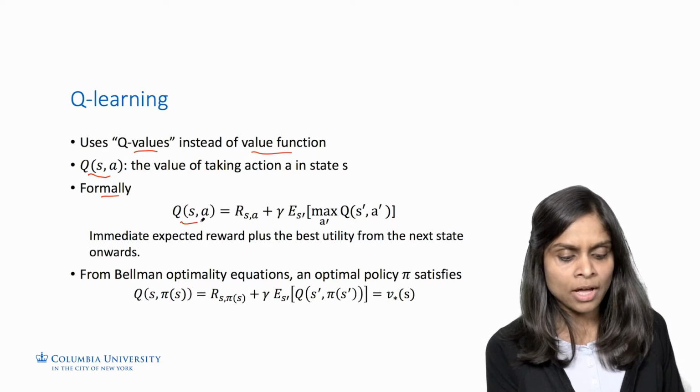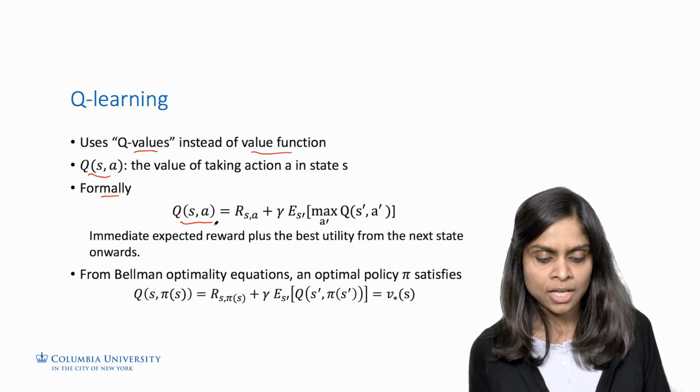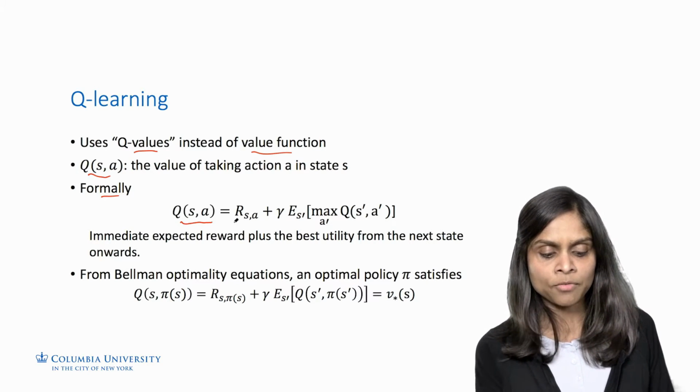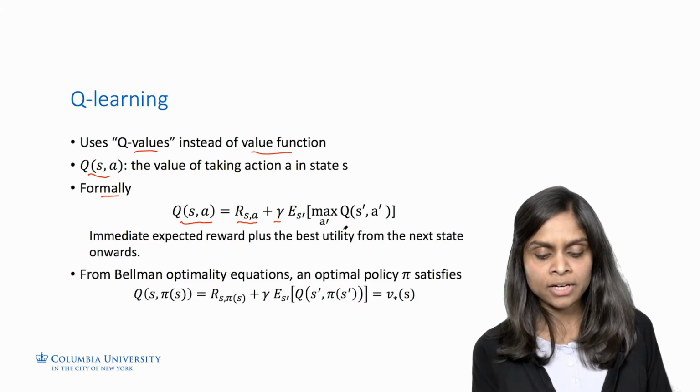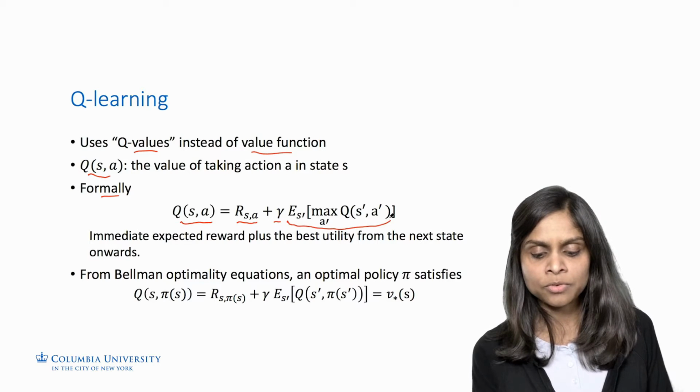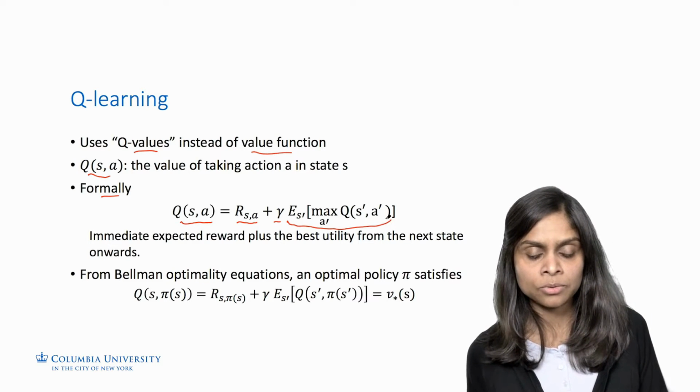Formally, the Q value for state S and action A is defined as the sum of the expected reward for that state and action plus the discount factor times the expected Q value, the best expected Q value in the next state.